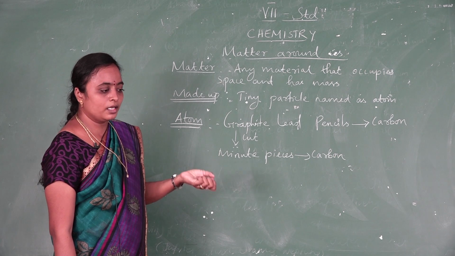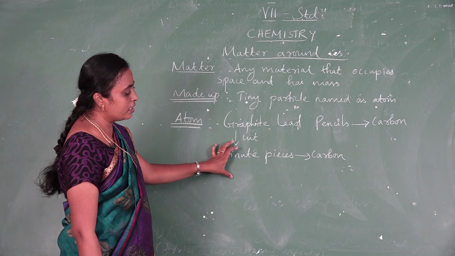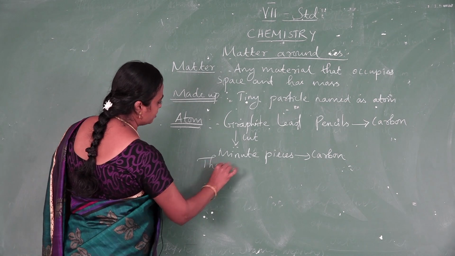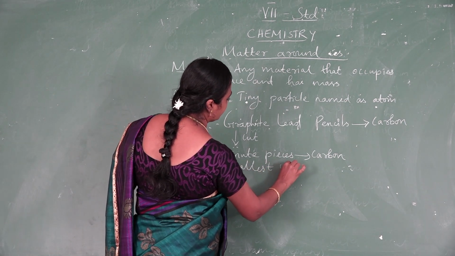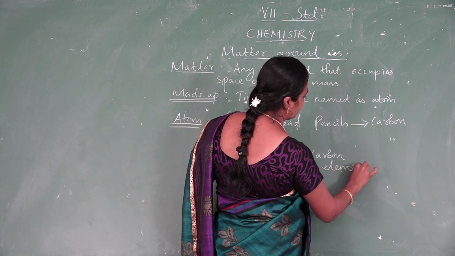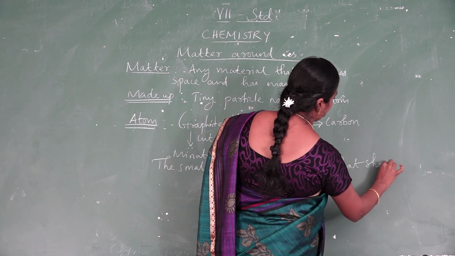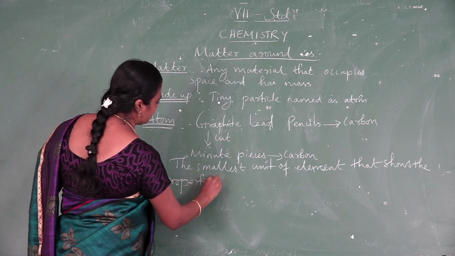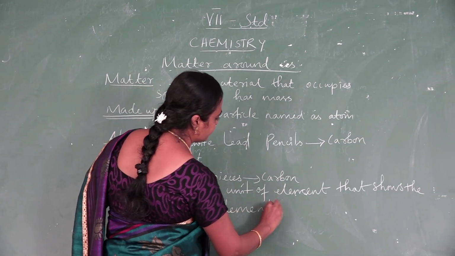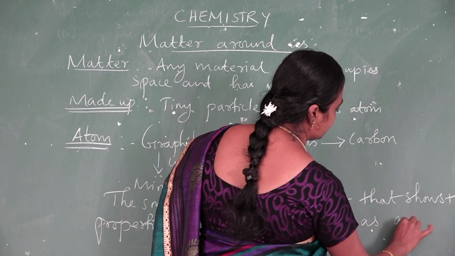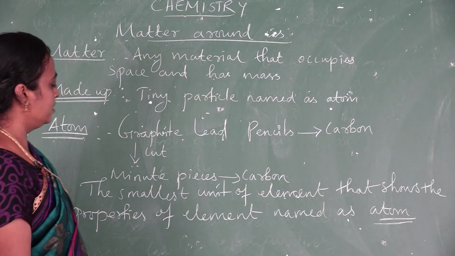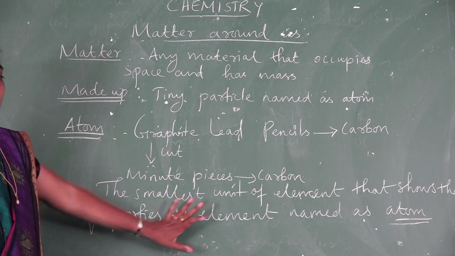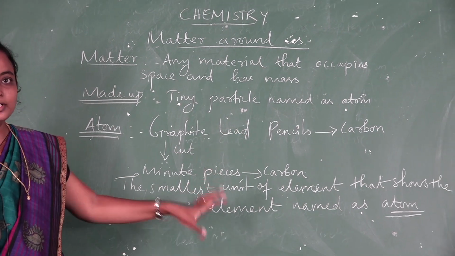From that, the definition: the smallest unit of an element that shows the properties of the element is named an atom. So this is the definition of an atom.